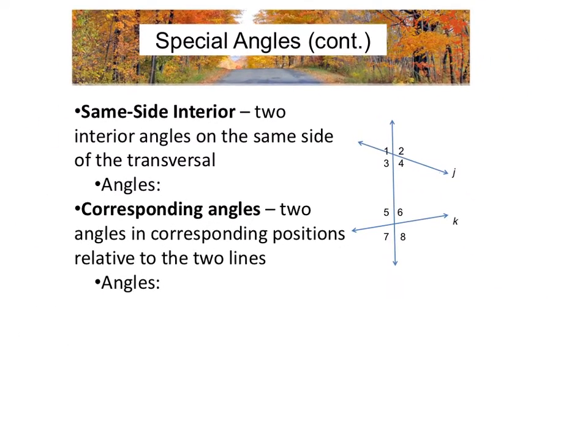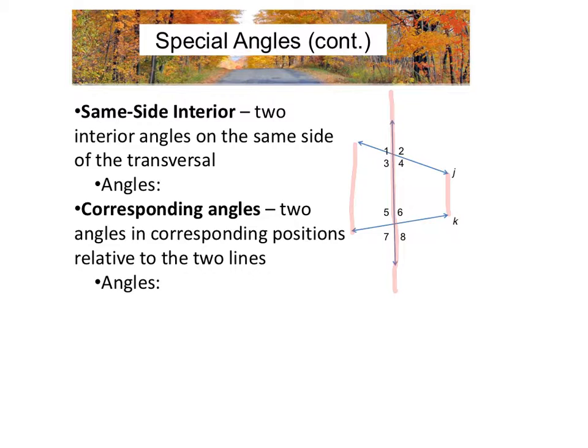The next vocabulary word here, or angle pair, is same side interior angles and corresponding angles. So again, if I were to draw and close my coplanar lines, my interior angles again here are 3, 4, 5, 6. Now, interior angles on the same side of the transversal, so again, here's my transversal.